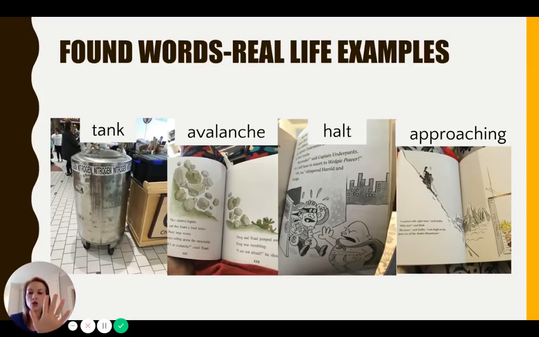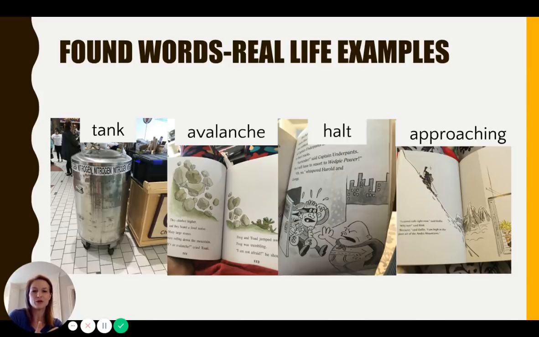And then there was halt, where she was kind of hanging off the edge because she had fallen. So many of the words were represented in this book that was a different context than what we were reading, but it shows them that those words are out there, and they've really enjoyed figuring out which words are represented in the illustrations.